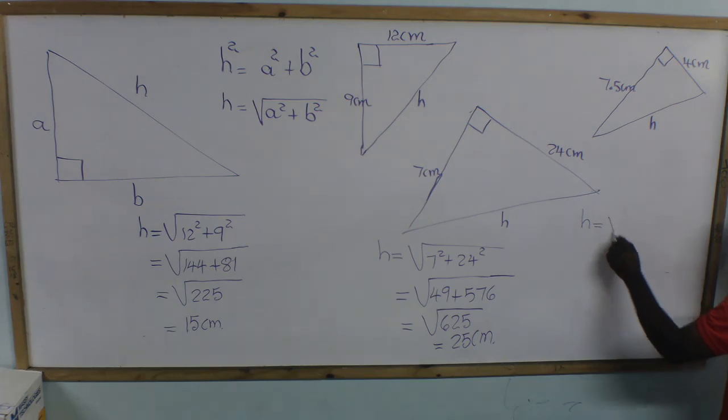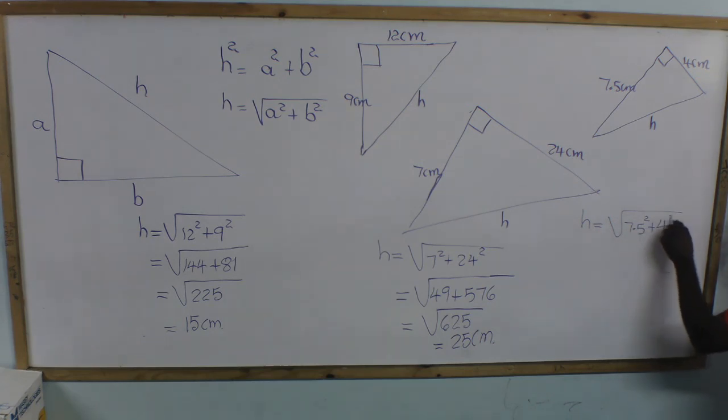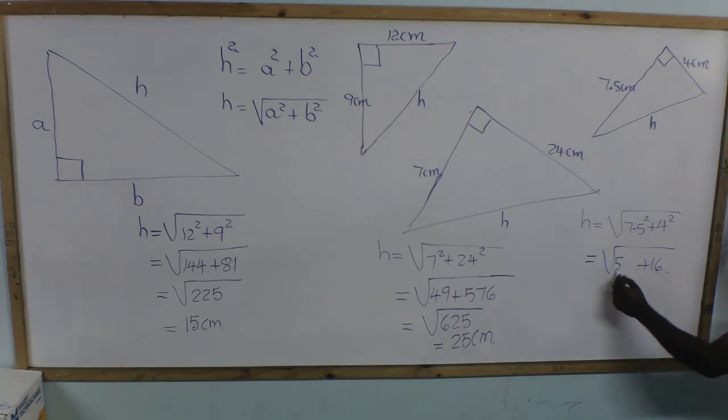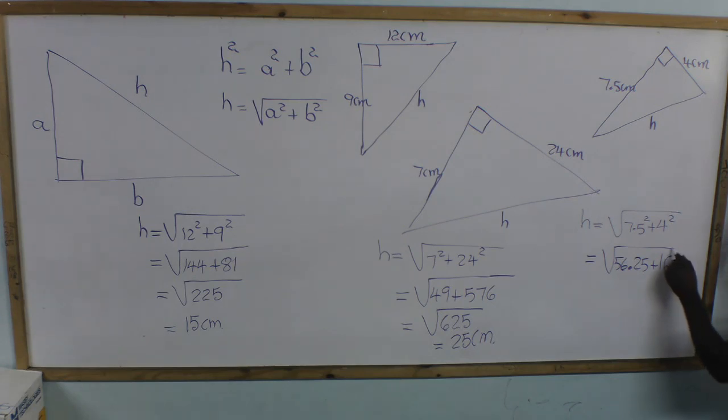So what do we say? h is equal to the square root of 7.5 squared plus 4 squared. Square 7.5, what do you get? 56.25, plus 16.